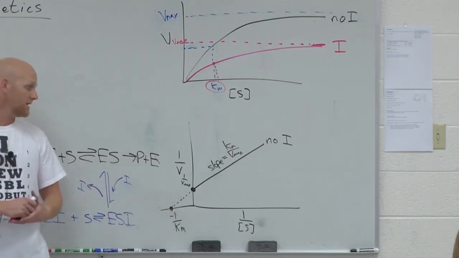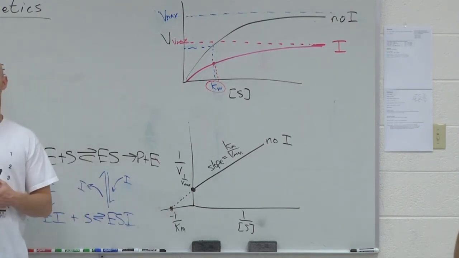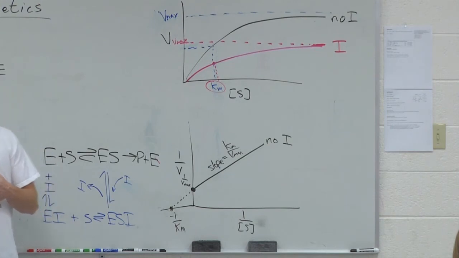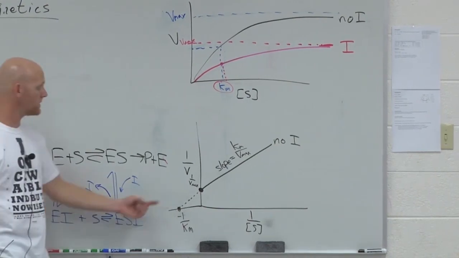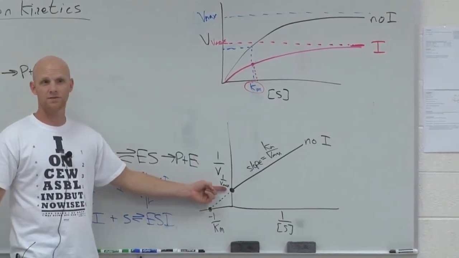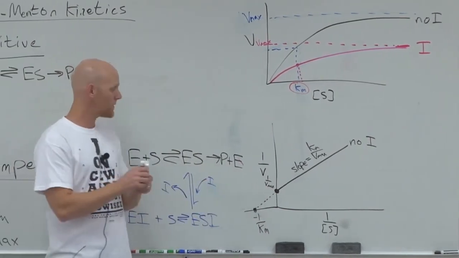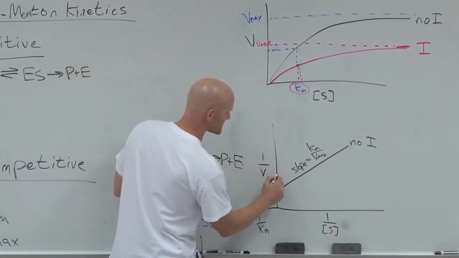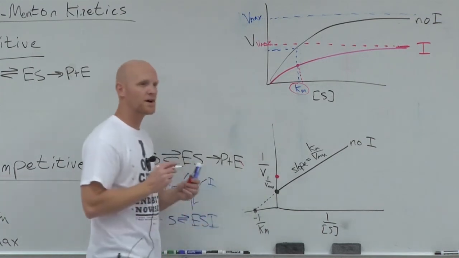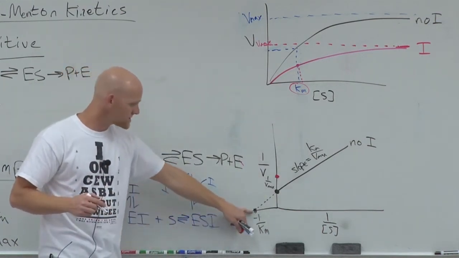So let's look at this for a minute. What happened to my Vmax? It decreased. If Vmax goes down, then what happens to 1 over Vmax? It goes up. So now we're not crossing the y-axis there. We might be crossing it there. And I still got to go through this point, though.